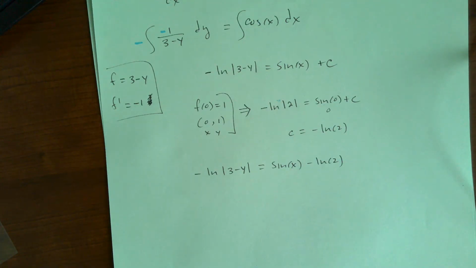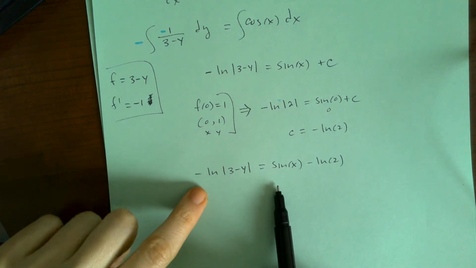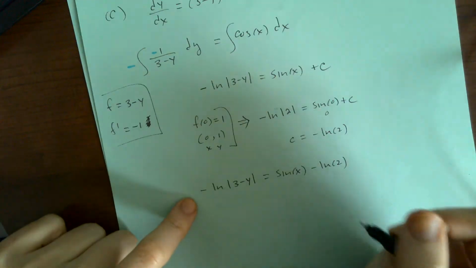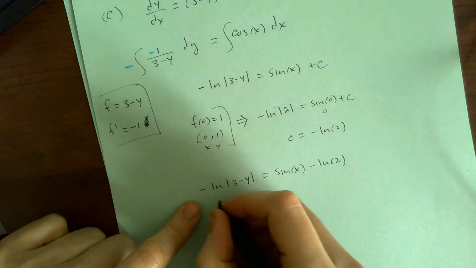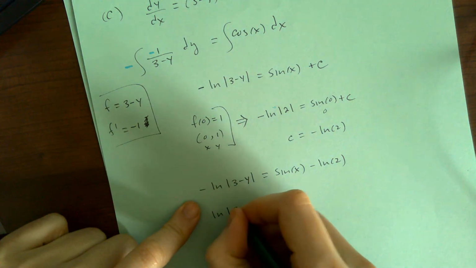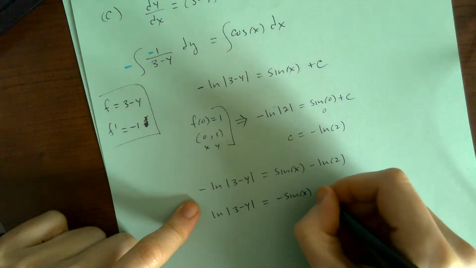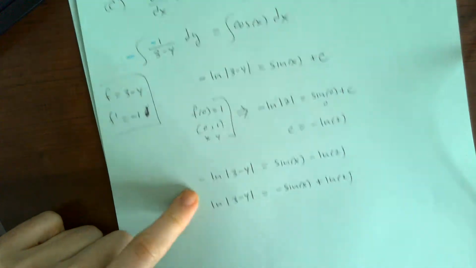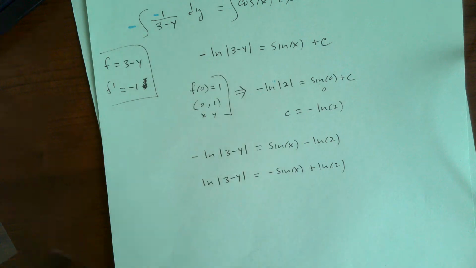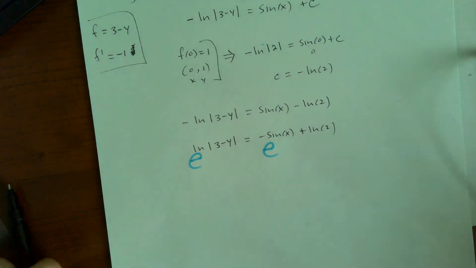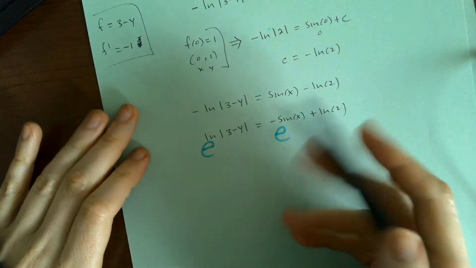Now I've got to solve for y. You're going to put a base of e on both sides to cancel the natural log, but first I've got to get rid of this negative. So I'm going to divide every term by negative 1. 3 minus y equals negative sine of x plus natural log of 2. Okay, let me put a base of e on both sides. So that's canceling.